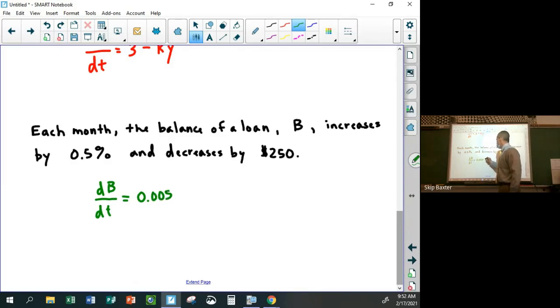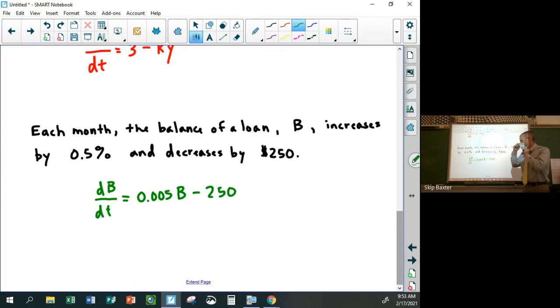B, yeah. Minus 250. This would be the differential equation that models that situation. But it's increasing. It increases, so this is the rate at which it's growing. This is the rate at which it's decreasing, so that's why you're subtracting them. Does that make sense to everybody?